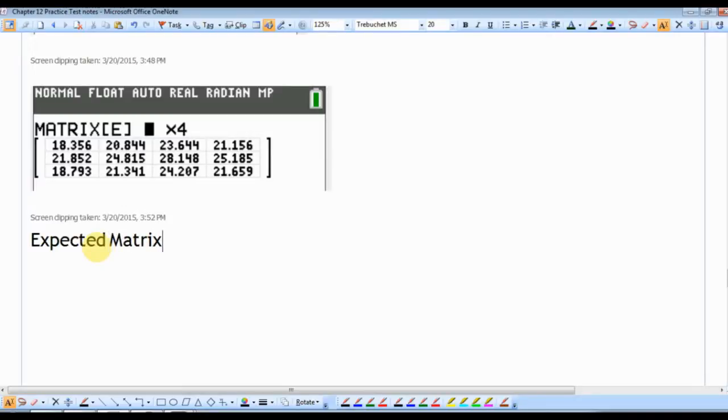Push enter to quit the program and go to matrix, then edit. You want to edit number 5, which is E, and you're just going to use that to look at it and copy it down on your paper.